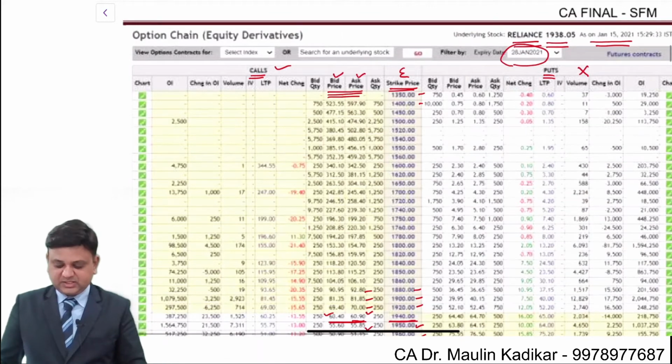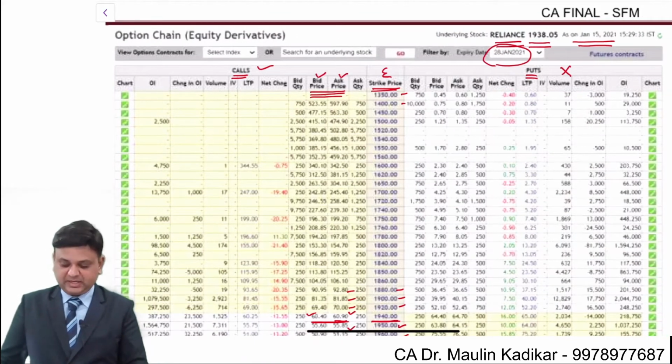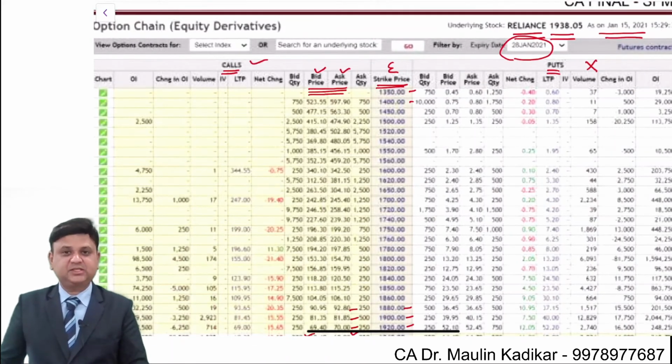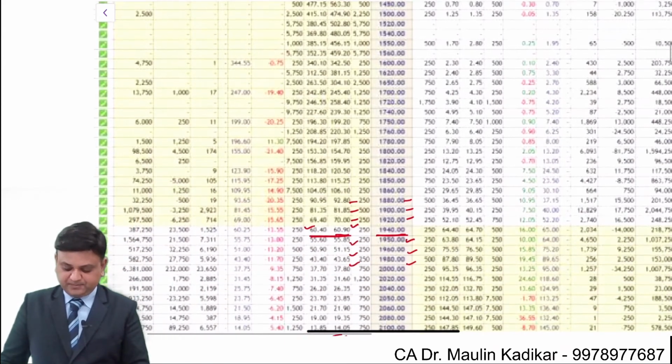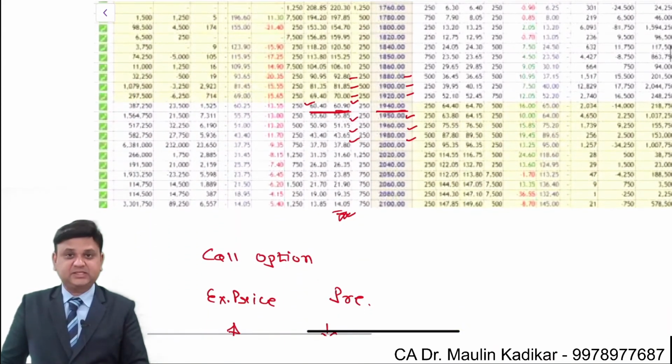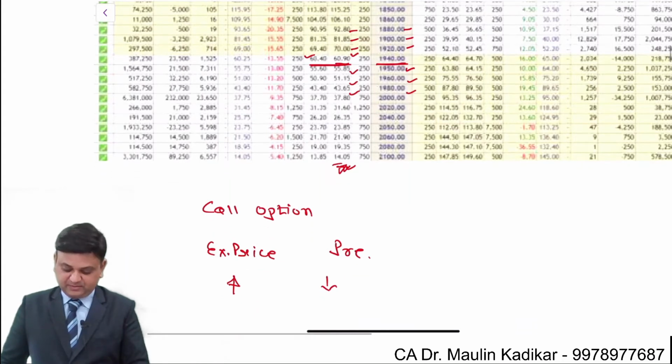Friends, over here, on an actual basis, for the Reliance security, the call option exercise prices and the premium amounts are given.